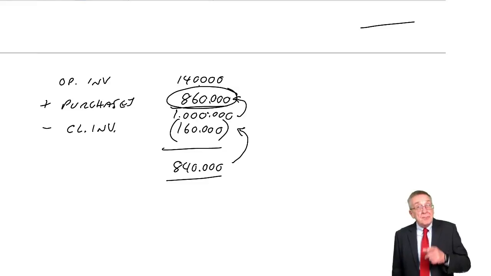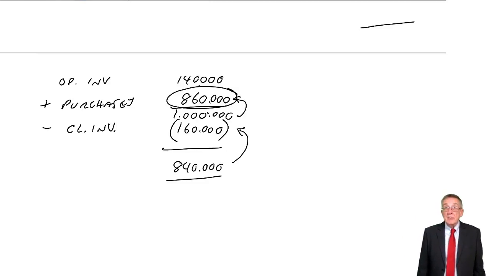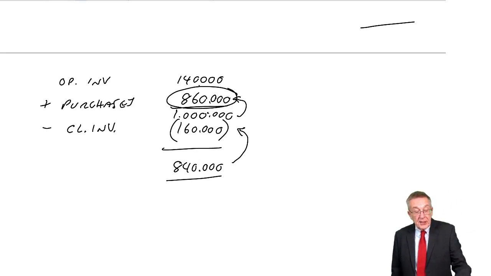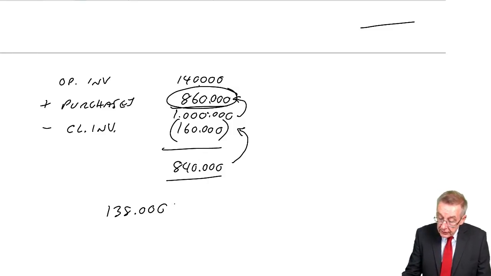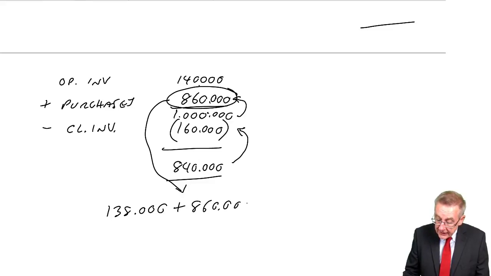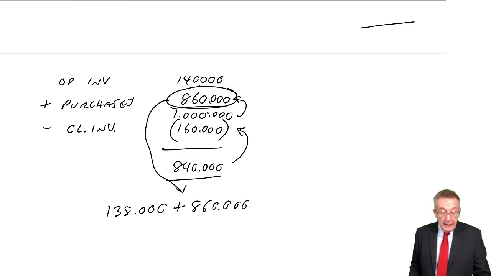So that's what we bought, but I need to know what cash we actually paid. Well, again, look at the figures for this year, last year. At the end of last year, we already owed 138,000, so presumably that was paid this year. In addition, we bought another 860, but we haven't paid all the 860.